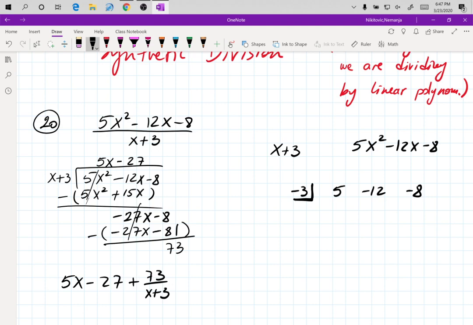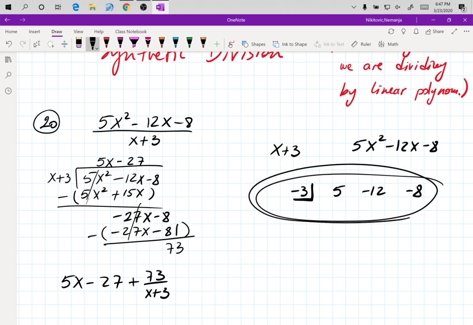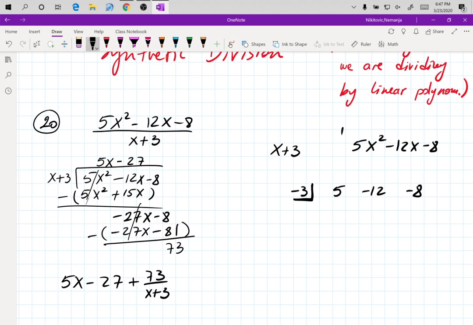You just put coefficients. So that's the setup. This line over here is the setup. You use the same coefficients as in your polynomial, so 5, negative 12, negative 8. And for the divisor, instead of plus 3, you will use negative 3.